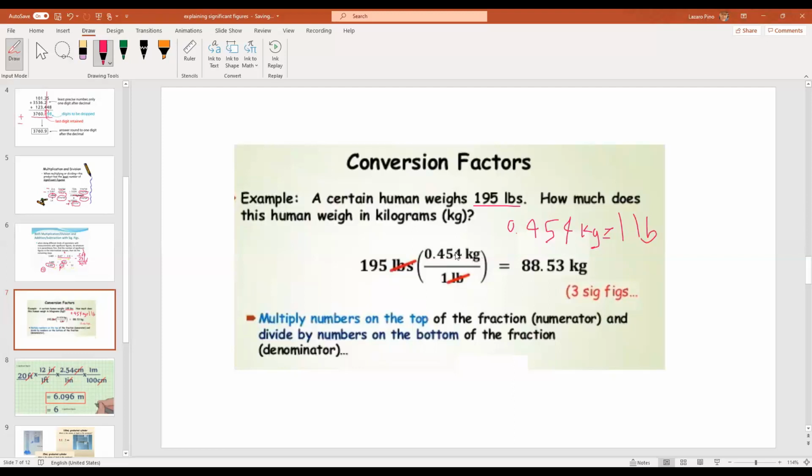You use this as a conversion factor as you see here. You put pounds down in order to cancel with the given unit.